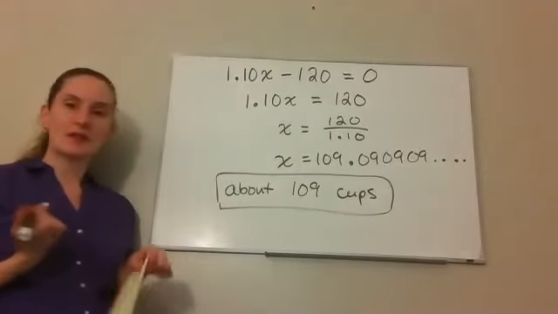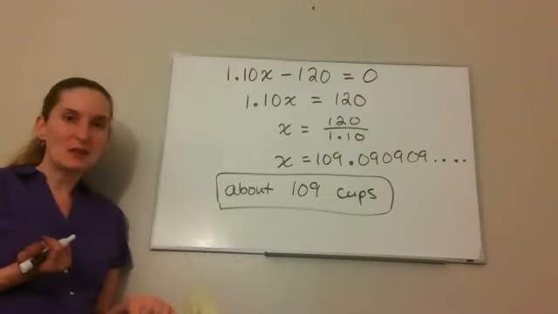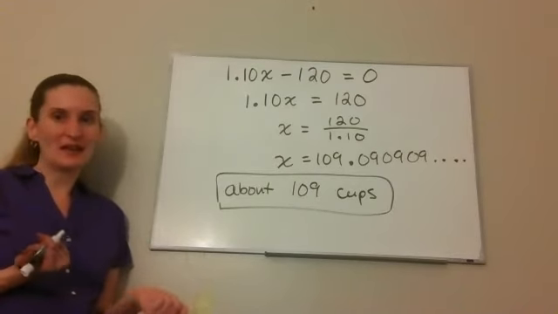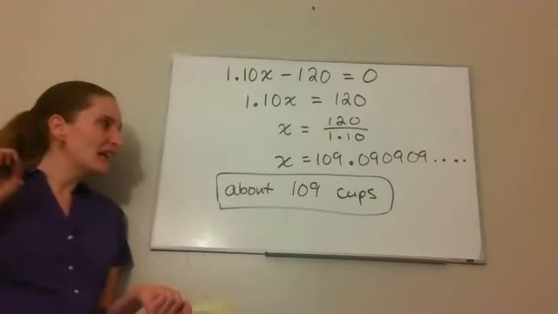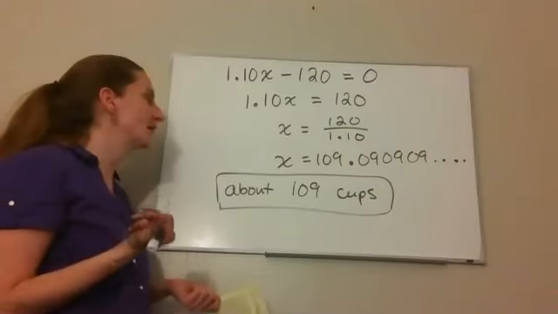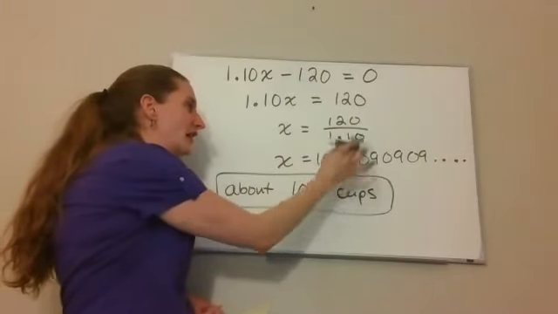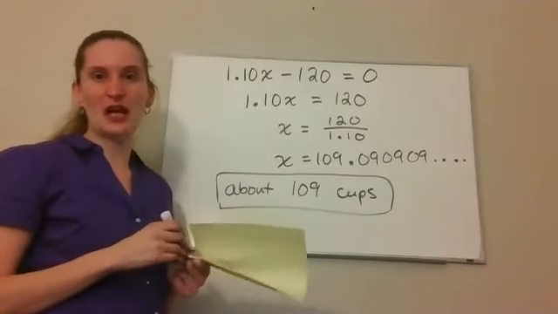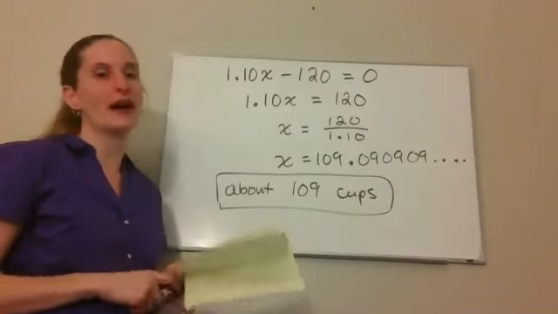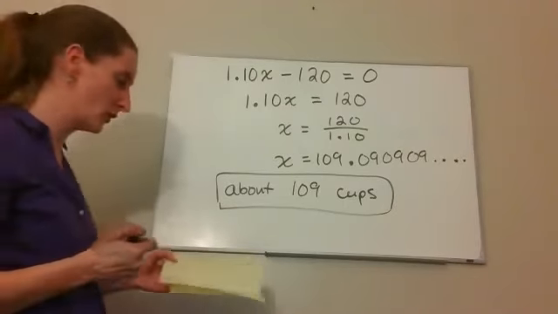So when this vendor sells about 109 cups of lemonade, not really losing money, not really making money, it's just basically zero. It's not exactly zero in this case because in order for our profit to be exactly zero, we would have to sell 109 and some fraction of a cup of lemonade, and you're not going to sell fractional cups. So we just answer it the best we can in the real world situation.